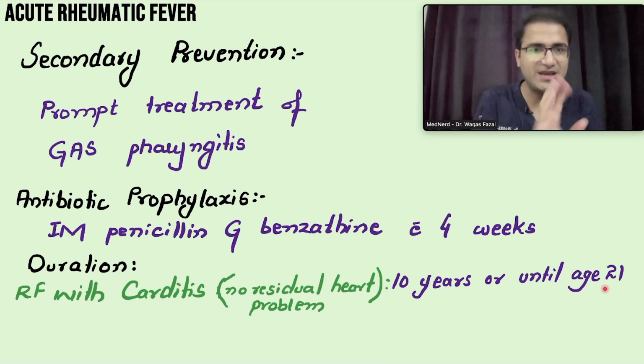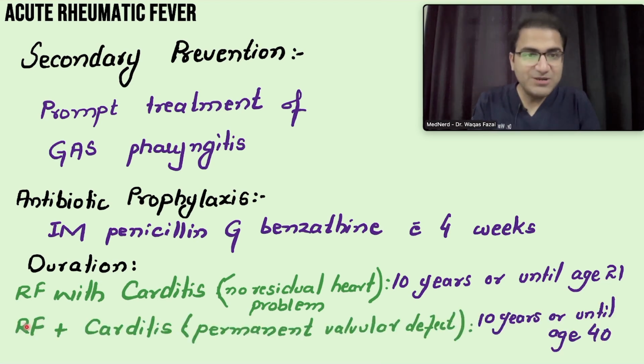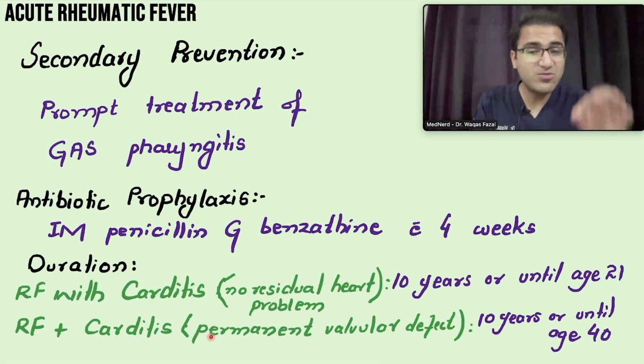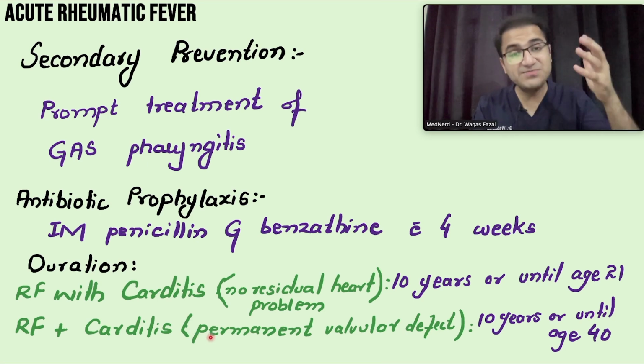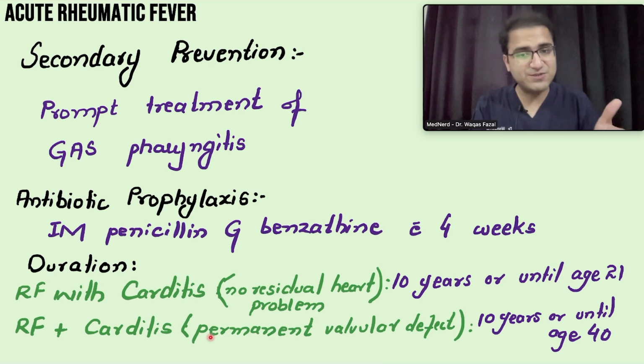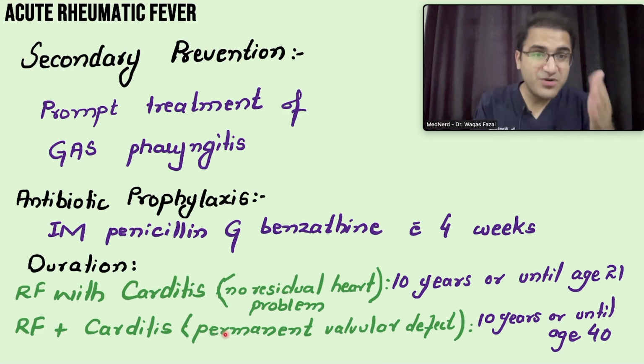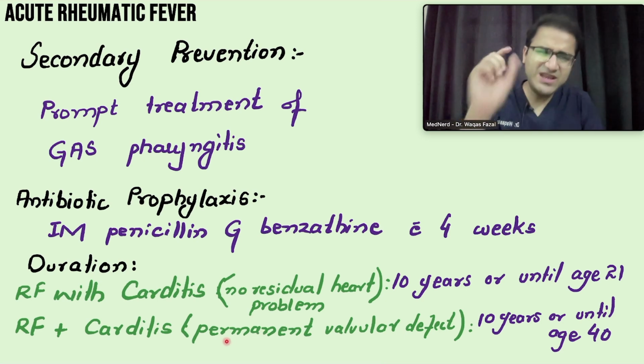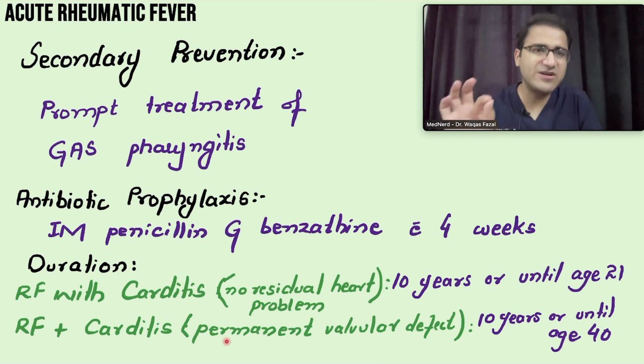1 injection of IM benzathine penicillin monthly. If the patient has rheumatic fever with carditis, heart involvement, but the problem is that the patient has recovered but has developed a permanent valvular defect, such as mitral regurgitation or mitral prolapse, this patient is at very high risk of again developing acute rheumatic problems, infective endocarditis.